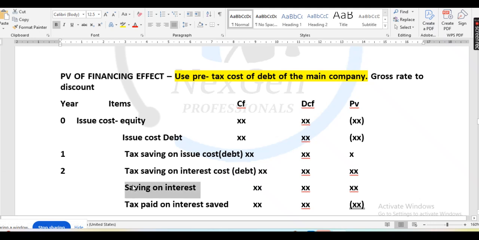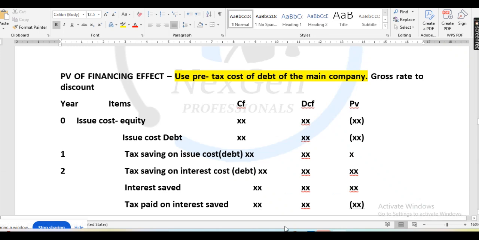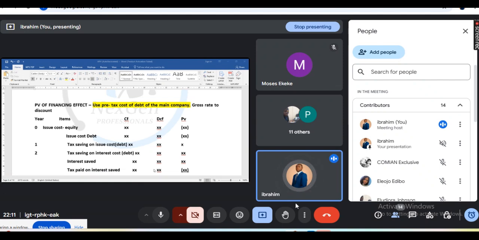Let me change this word. Let's say interest saved, right? Or savings on interest. You can't see this format everywhere; the way they will present it, it will look somehow different. That is why I say use your own language, right?